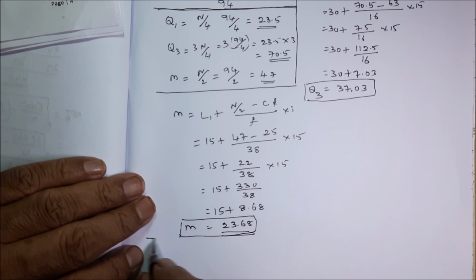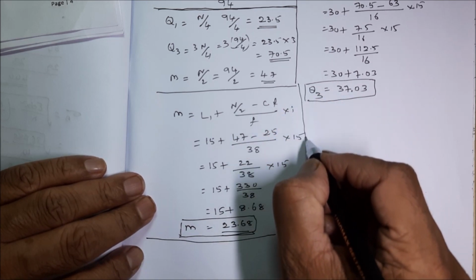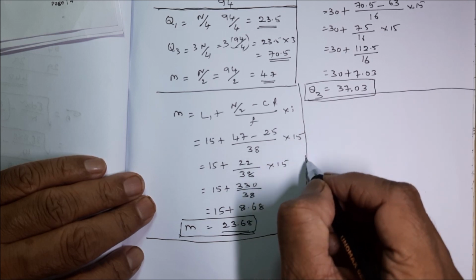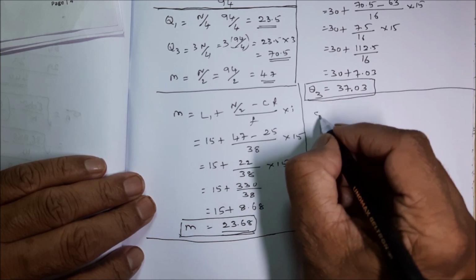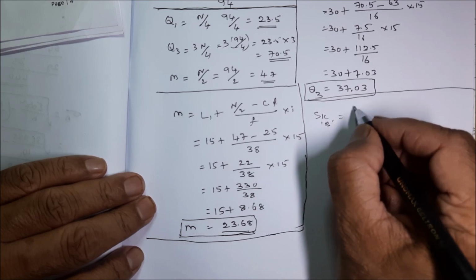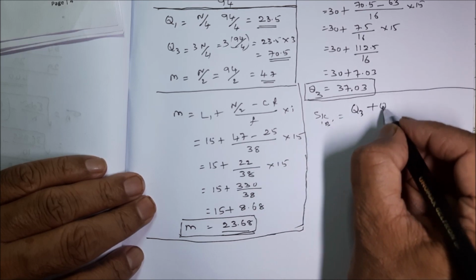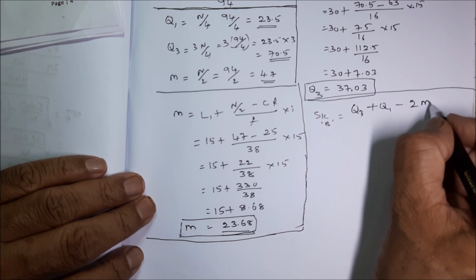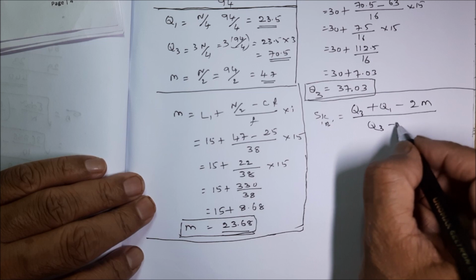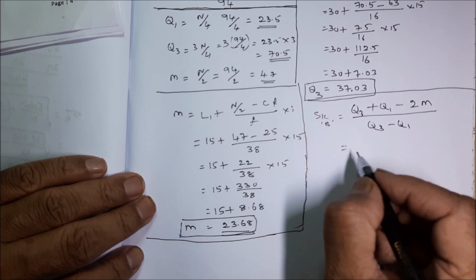So you got median, you got Q1, you got Q3. Apply Bowley's skewness, SKB. B stands for Bowley's. That is Q3 plus Q1 minus 2 median divided by Q3 minus Q1.